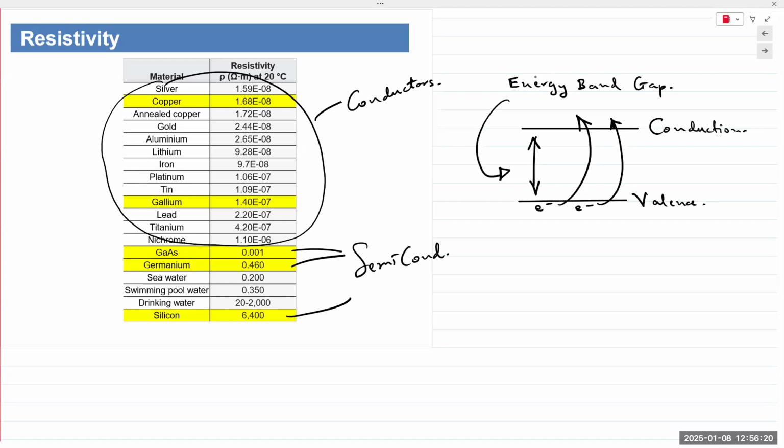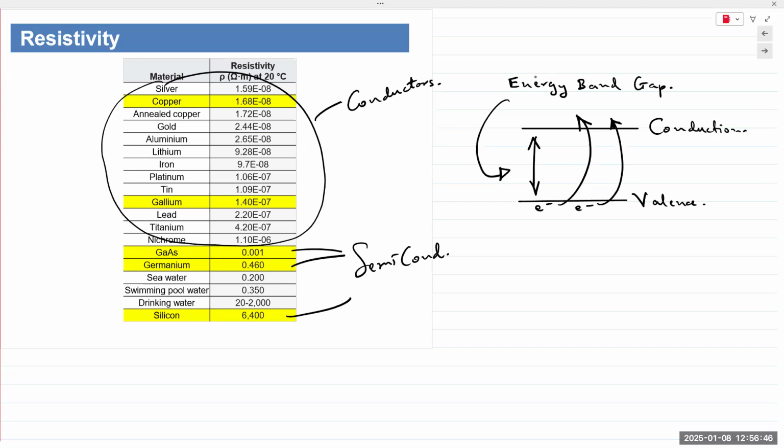So you cannot impart sufficient energy to carbon atoms that the electrons would jump and go into conduction. So resistivity is one way to define categories, but more importantly, based on laws of physics, the energy band gap is what allows us to create semiconductors out of different materials.